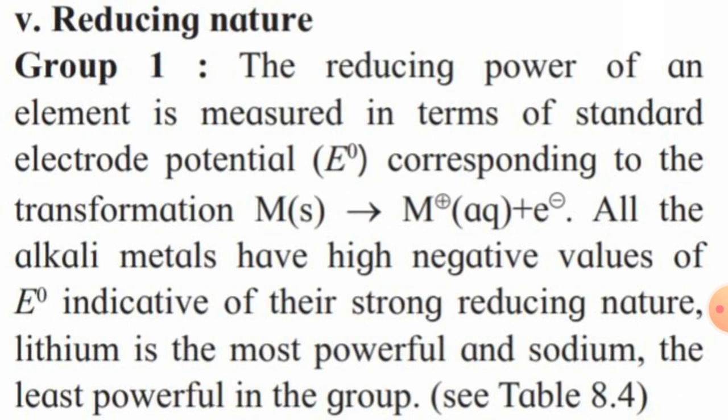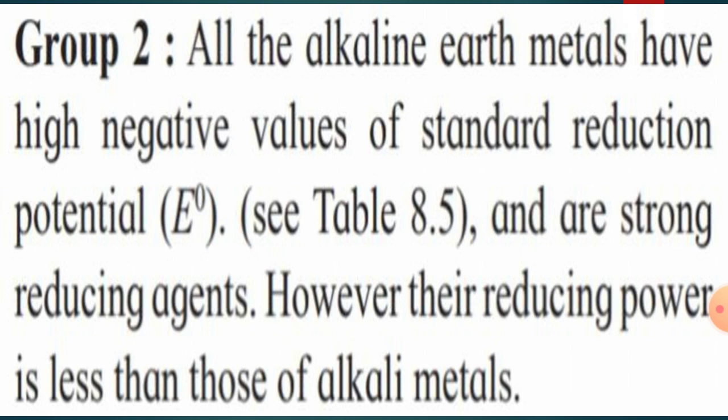An element liberates an electron and gets converted into cations. Elements having a high negative value of standard electrode potential will have strong reducing nature. In group 1, lithium is the most powerful and sodium the least powerful. Understood students? Let's move forward towards group 2.